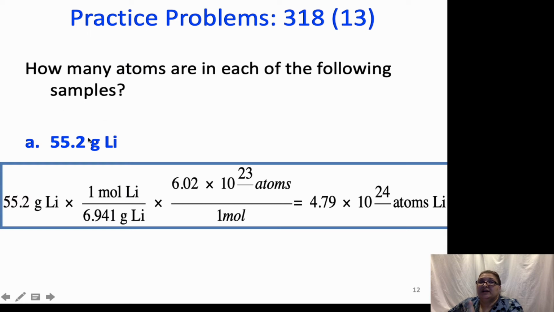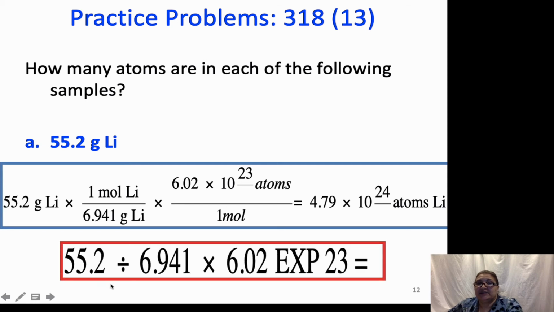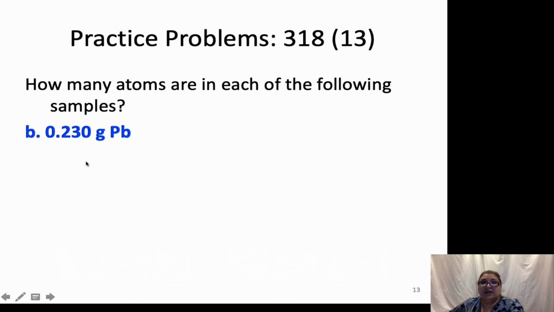So grams to atoms, you divide by molar mass, multiply by Avogadro's number. And here are the steps. 55.2 divided by molar mass, 6.941, multiplied by 6.02 times 10 to the 23rd. And this is the number you get. 4.79 times 10 to the 24 atoms of lithium.